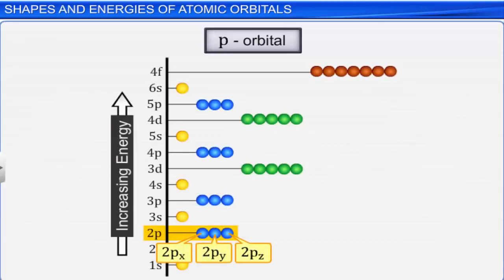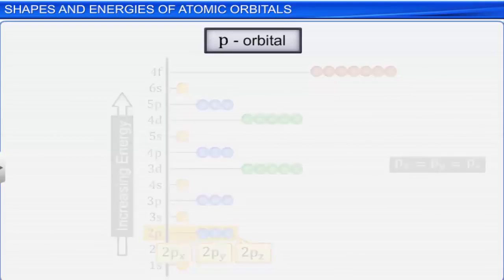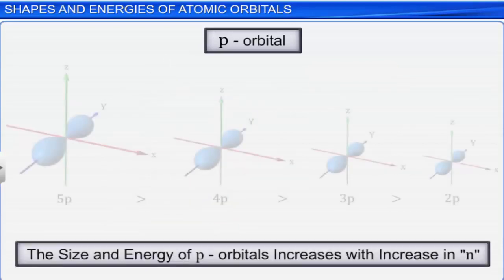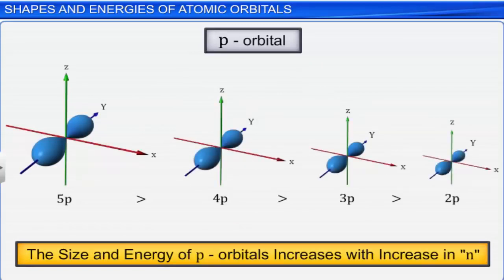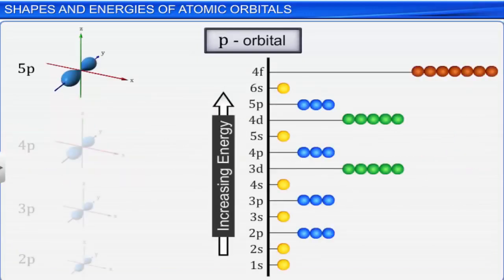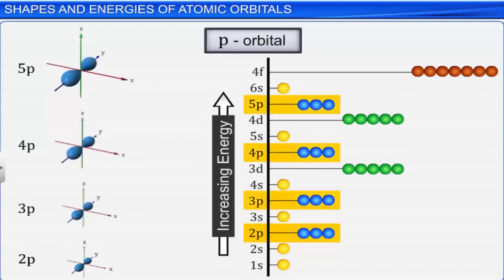However, like s orbitals, the size and energy of p orbitals increase with increase in the principal quantum number. For example, the size and energy of 5p is greater than 4p, which in turn is greater than 3p, followed by 2p, as shown. The number of radial nodes for p orbitals is given by the expression n-2.